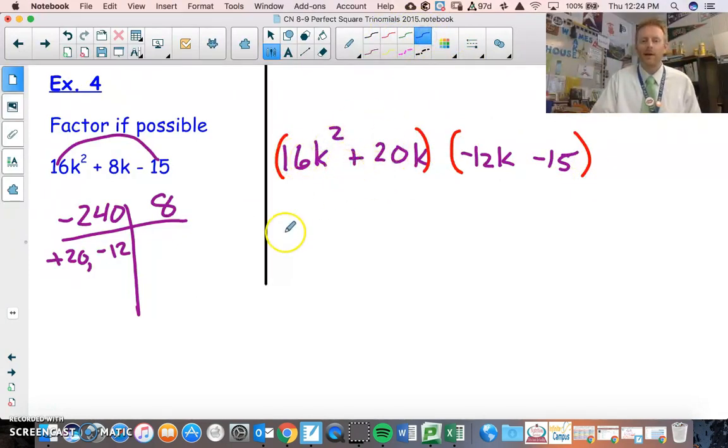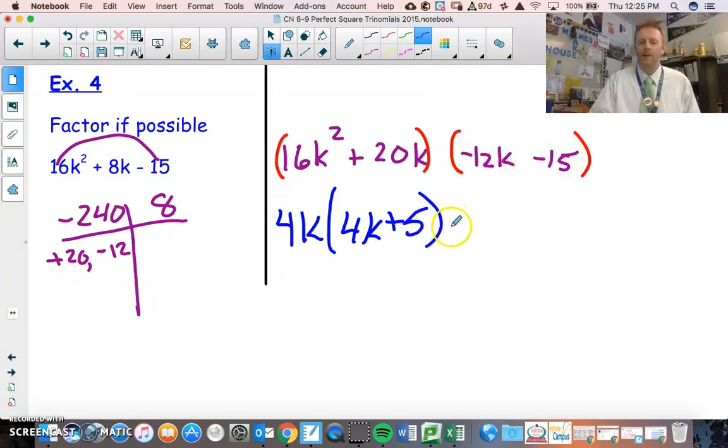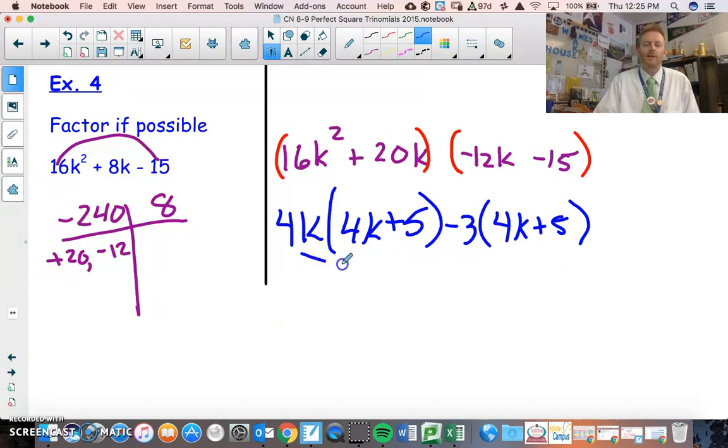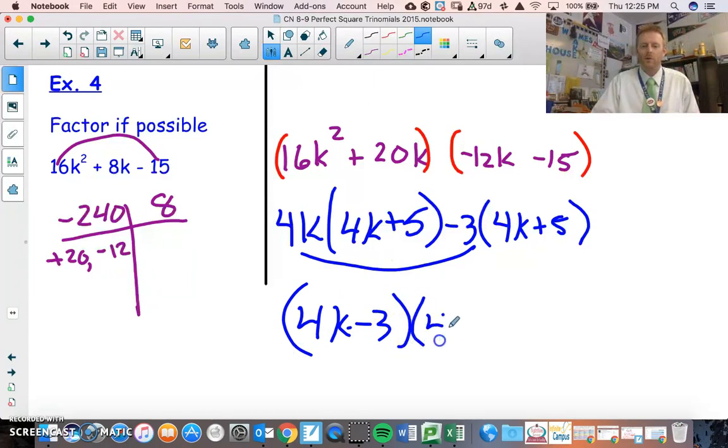Take out a common factor of a 4k, and I'll be left with a 4k plus 5. Take out a common factor here of a negative 3, and I'll be left with a 4k plus 5. So these two make their own. We have a 4k minus 3 and a 4k plus 5 as our final answer.